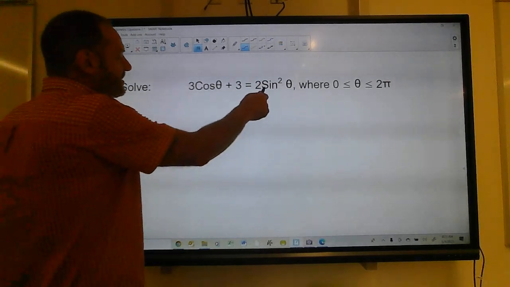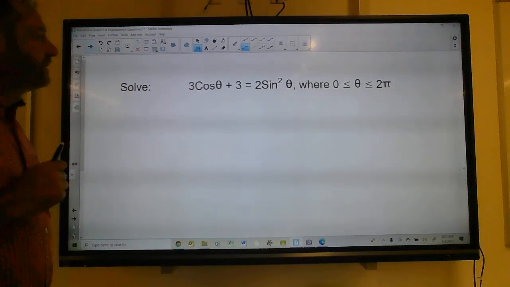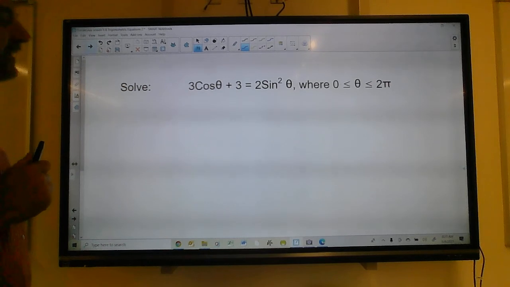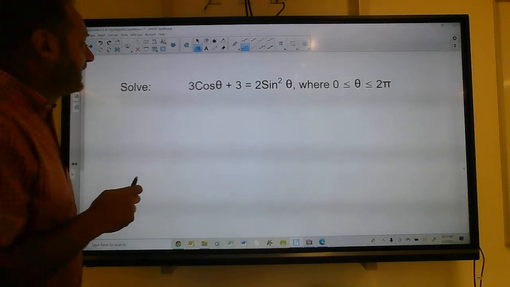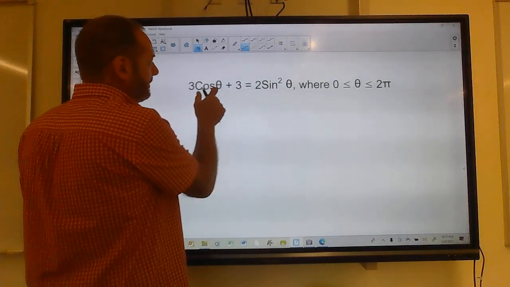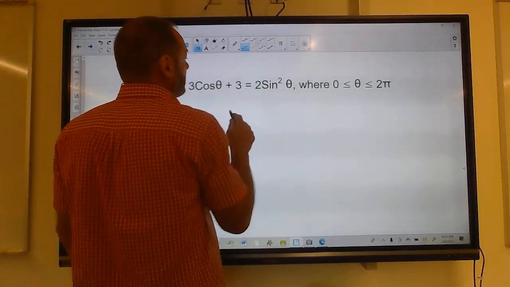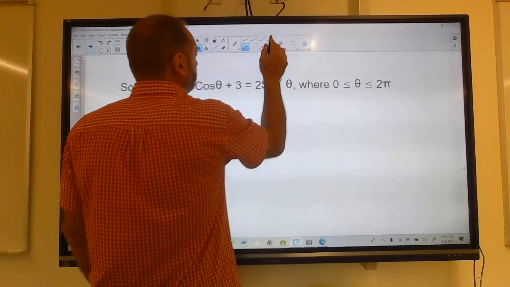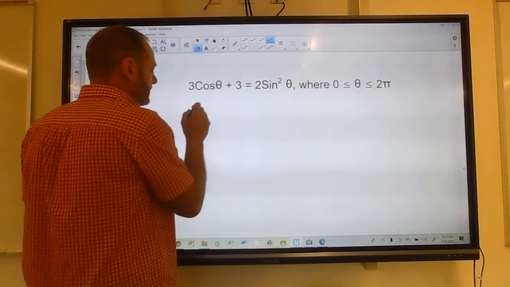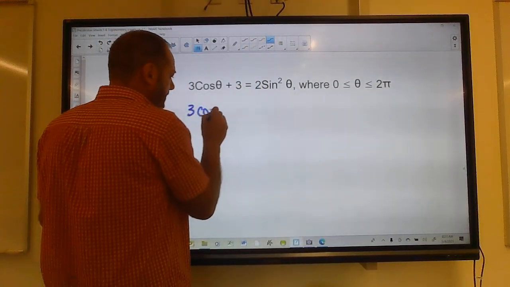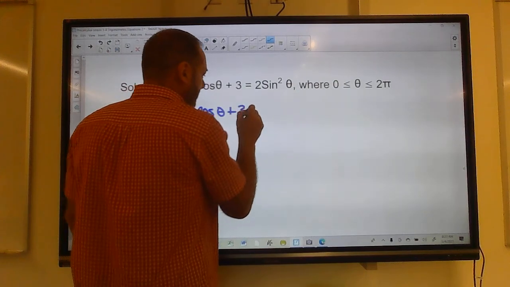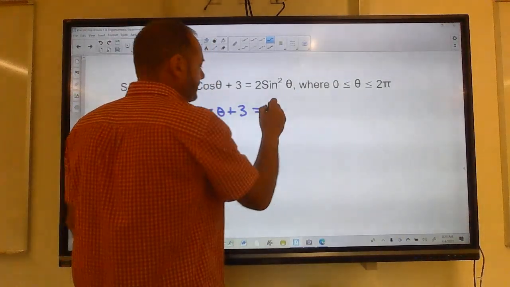We've got sines and we've got cosines, and I would like to get those into either all sines or all cosines. I can't really convert this to a sine easily, but I can convert this to a cosine easily.